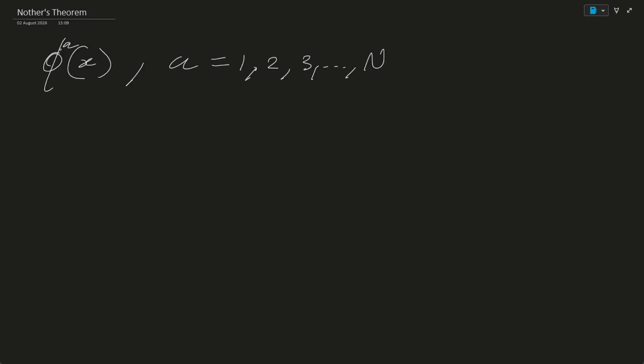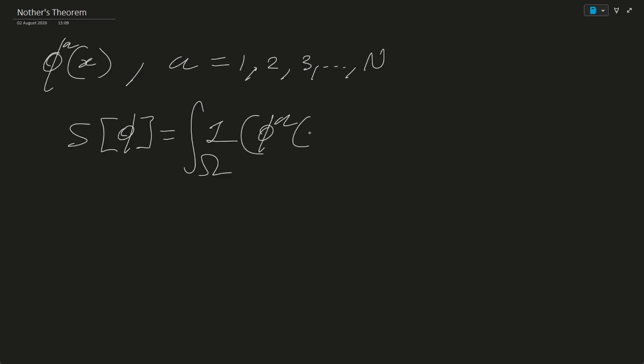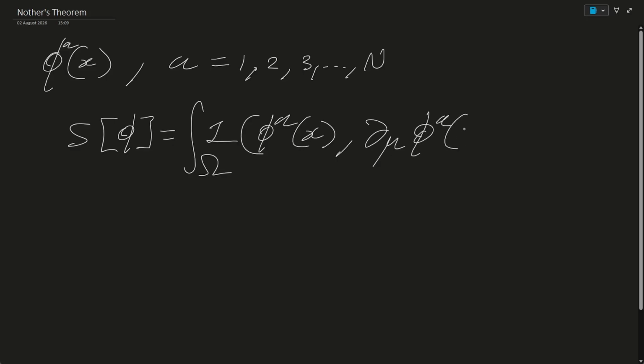And then this is going to be governed by our fundamental action, which is S, a functional of φ, our scalar field, over some Ω, any bounded region of space-time, and we'll have our Lagrangian taking in our scalar field, our μth derivative of our scalar field, d⁴x.